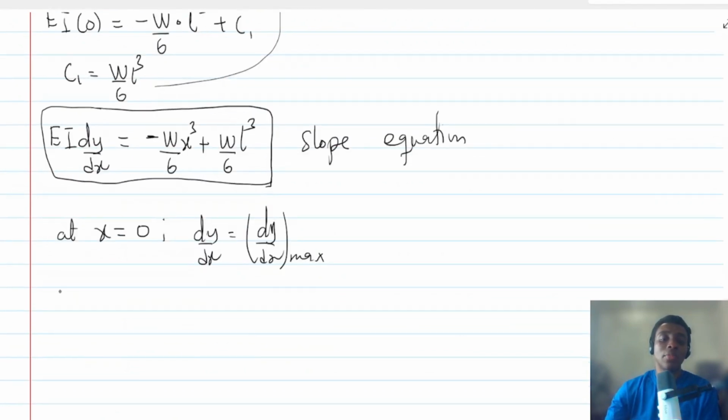So what is it then? EI dy/dx maximum, at x equals 0, will just be WL cubed over 6.